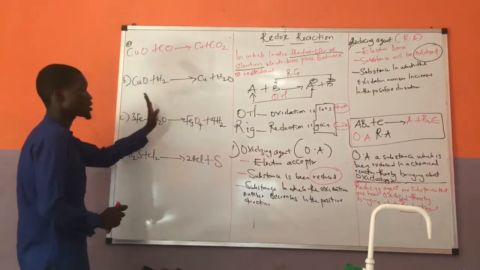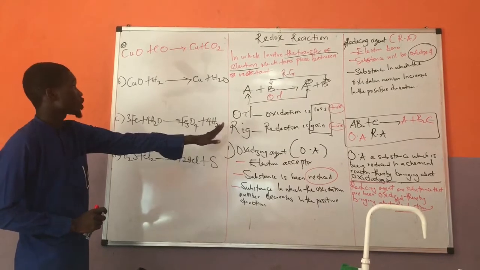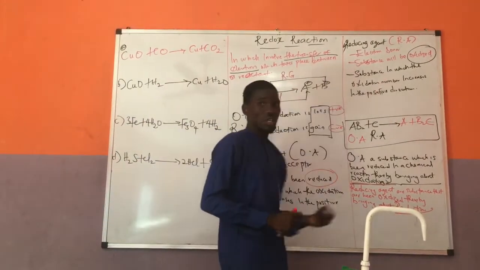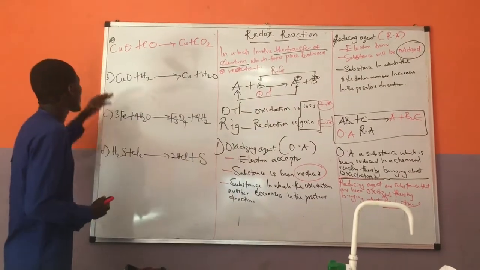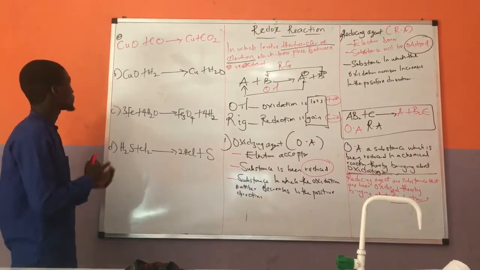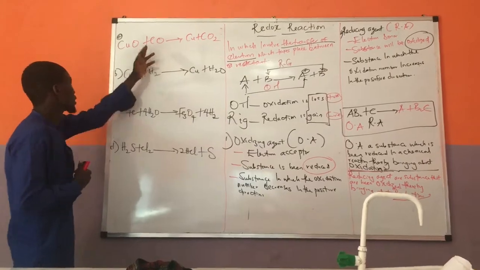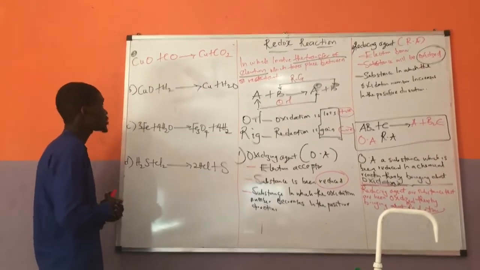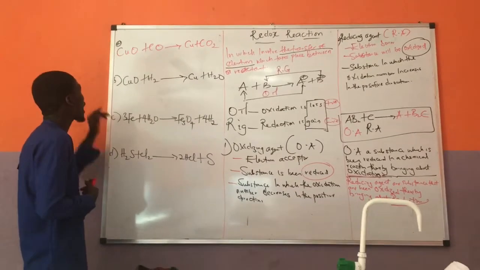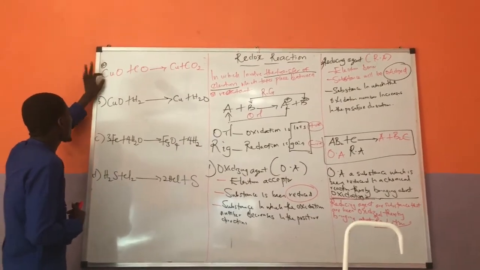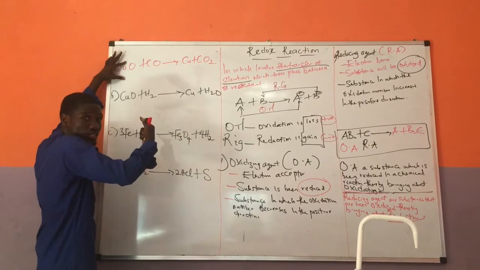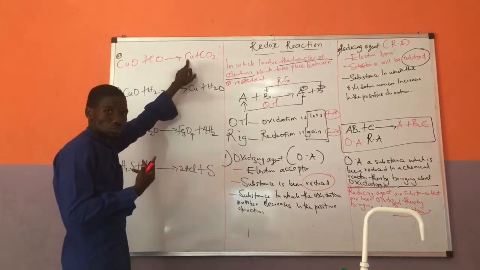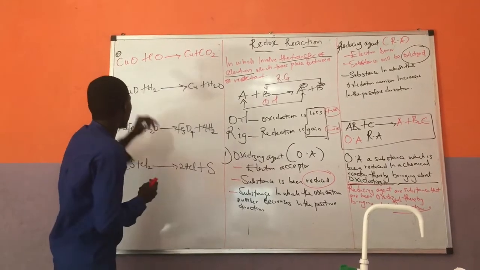So, when looking at this now, these are the explanation of redox reaction, oxidizing agents, reducing agents. Now, we have copper 2 oxide at the reactant side. We have carbon monoxide, we call it carbon 2 oxide. So at the reactant side, the copper 2 oxide is being reduced to copper. So you can see it now.